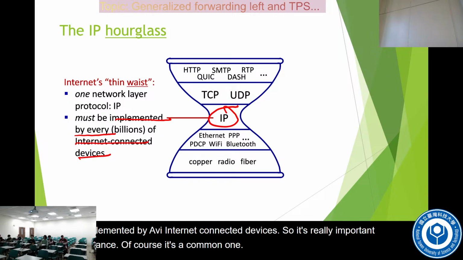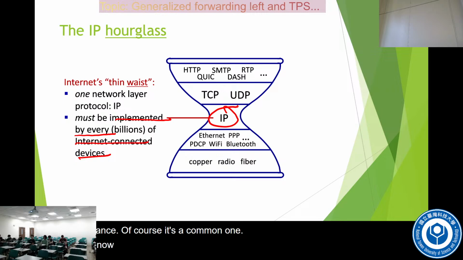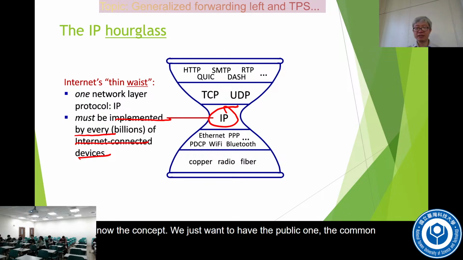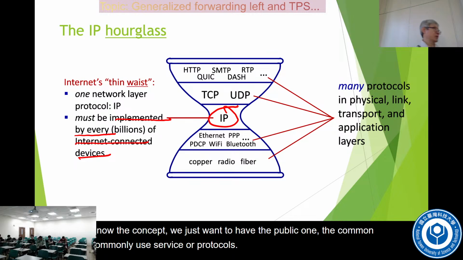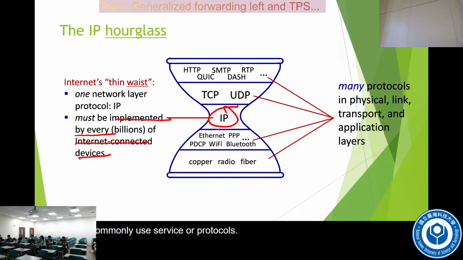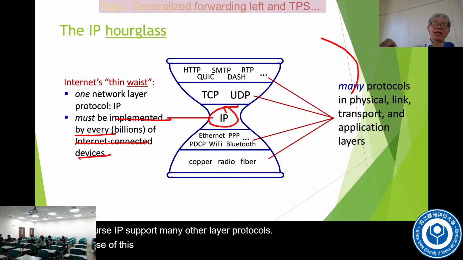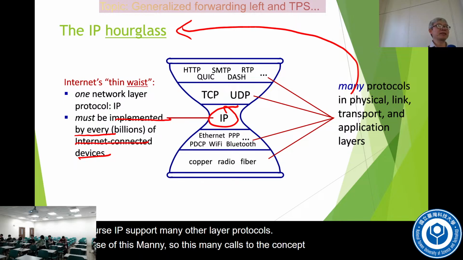So up to now, the concept is that we want to have the public one, the common one, commonly used services or protocols. Of course, IP supports many other layer protocols. Because of this many, this goes to the concept of the hourglass for IP.